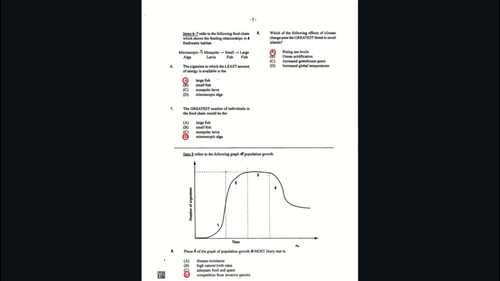In this situation, the microscopic algae is the producer. By the time that energy reaches the large fish, it's not getting as much, because it passed through the mosquito larvae and the small fish, and energy is lost along the way.